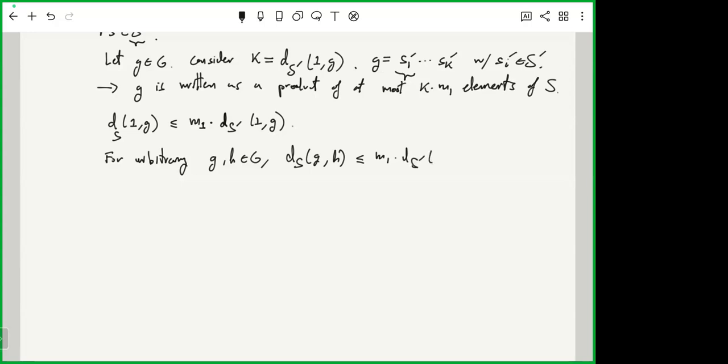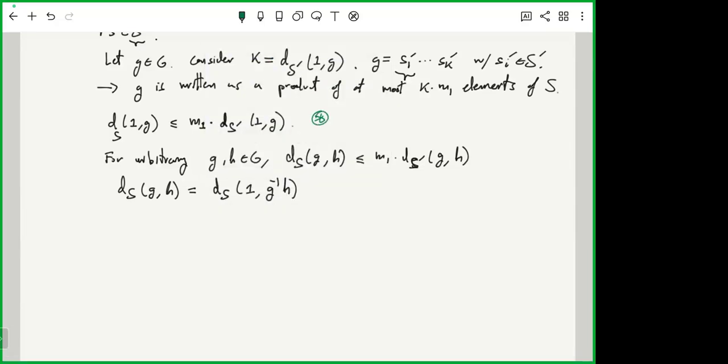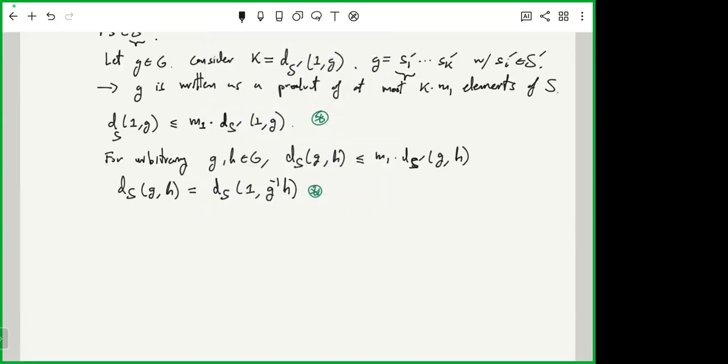Well, this distance is the number of elements I need to go from h to g in my generating set S. So it is also the same as the distance from 1 to g inverse h. So then I can use this inequality here. Okay. So this is the inequality we need.